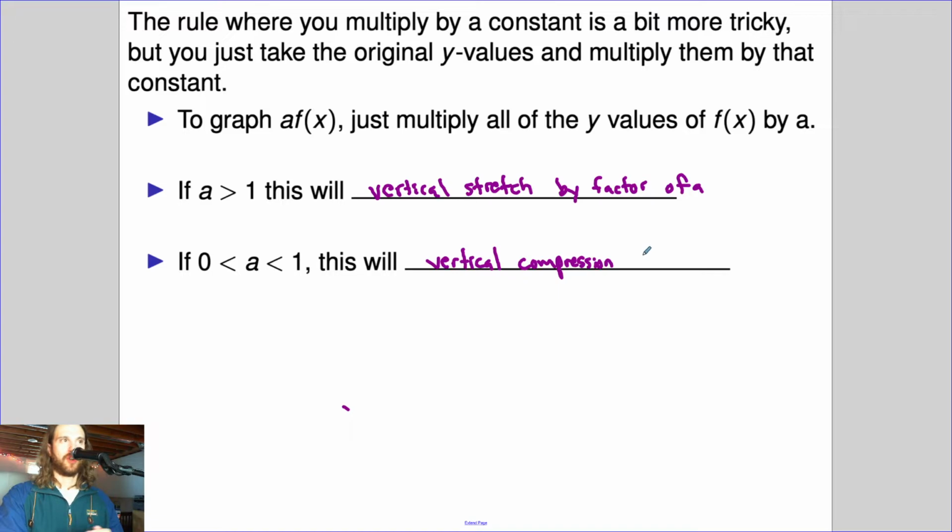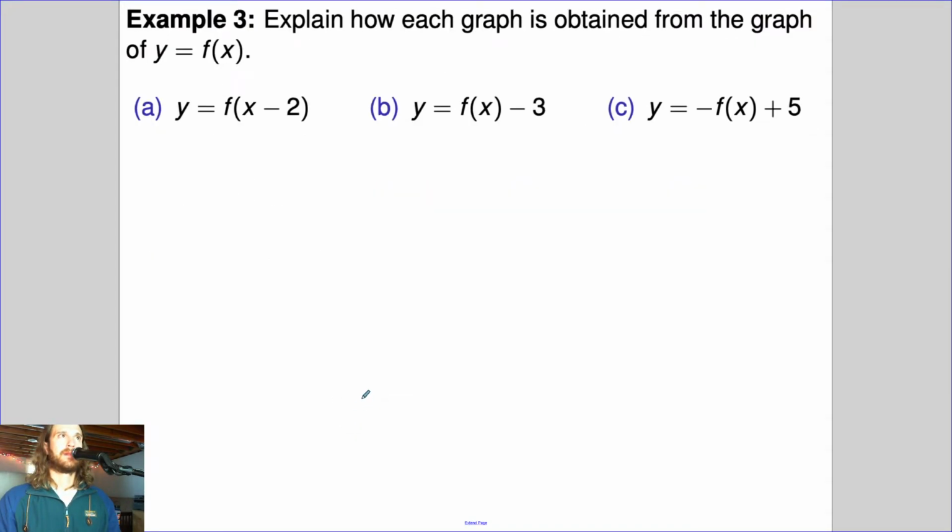Basically, it's like multiplying by a, right? So you take a, you multiply the height. So if it's 1/2, you're going to go to half the heights. If it's 1/3, you go to a third the height, so on and so forth. It's vertical compression. Explain how each graph is obtained from the graph of f of x.